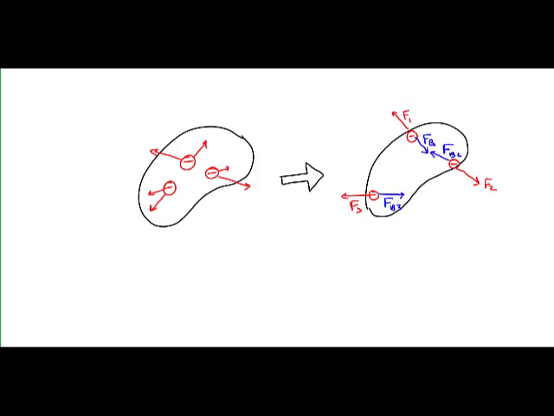So these charges will redistribute until they reach electrostatic equilibrium. Let's write that down. Charges will redistribute on the surface of a conductor until electrostatic equilibrium is reached.